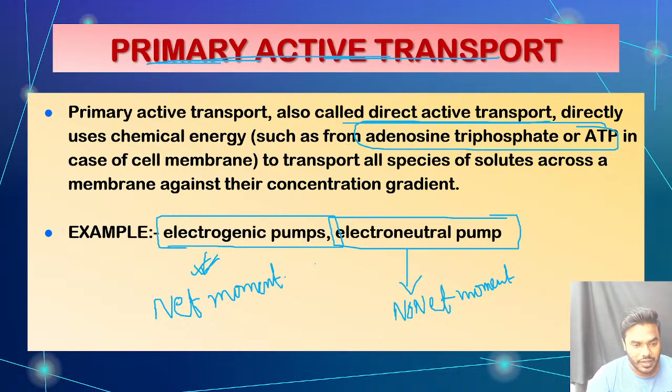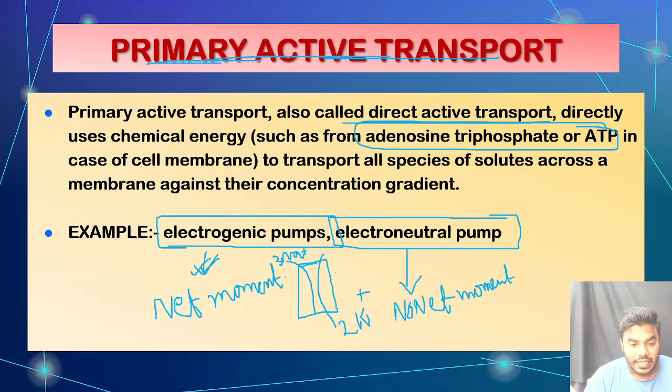Let's take an example of the sodium potassium ATPase pump. You all know it very well, friends. Suppose 3 sodium ions are going out. If 3 sodium ions are going out, how many potassium ions are entering inside? 2 potassium ions are entering inside.